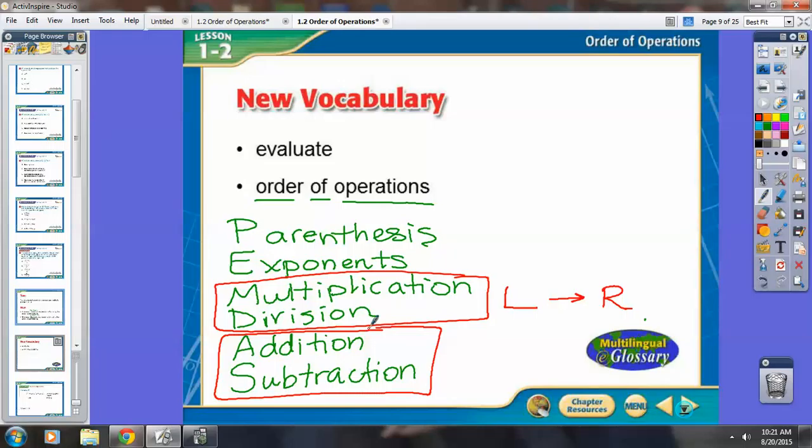Addition and subtraction, again, if that's all we have left in our expression, we're going to work left to right, just like multiplication and division. Now, when I say that's all we have left, that's kind of a loose term. And we'll talk about an example here shortly with what we should do.